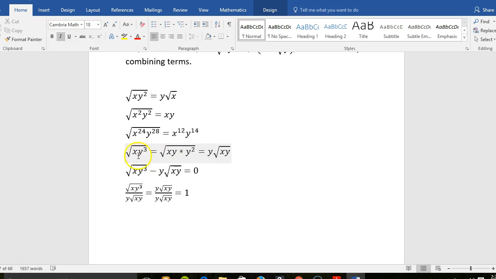So in other words, the square root of xy cubed and y times the square root of xy are the same thing. So if you subtract them, you'll get 0. And if you divide them, as long as nobody is 0, you'll get 1. We're assuming all terms are positive anyway, so we're fine. So yeah, we can divide them, and we'll get 1. Okay. So we're assuming everybody is positive, as always.